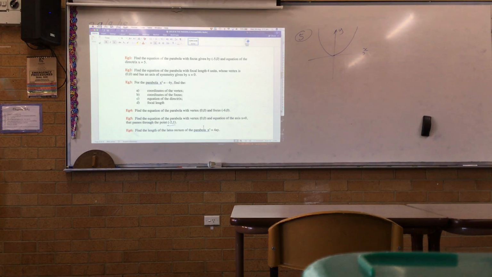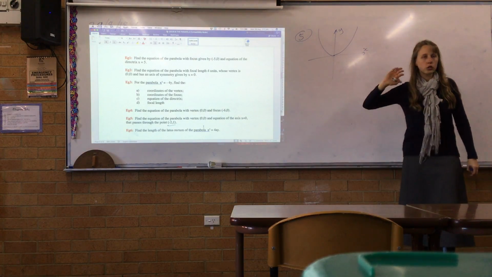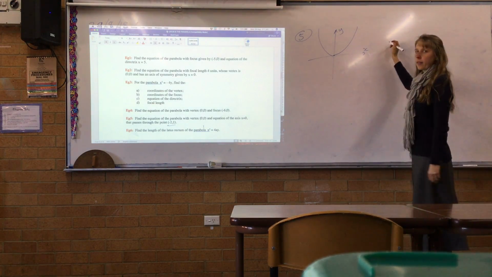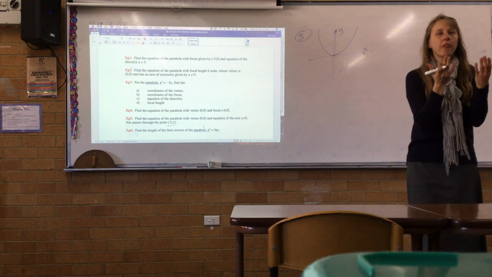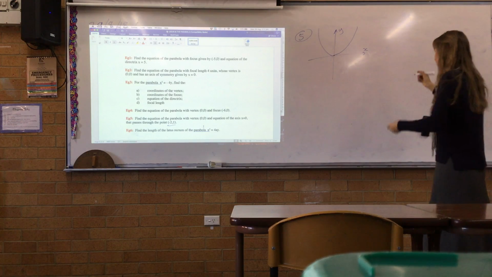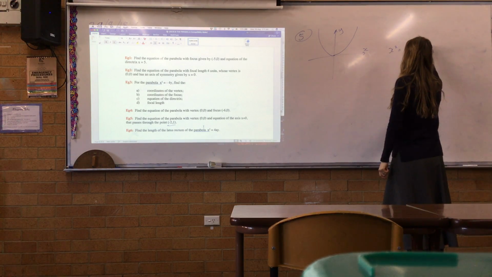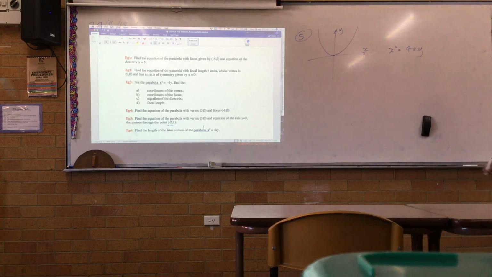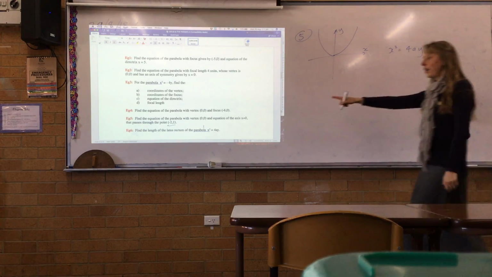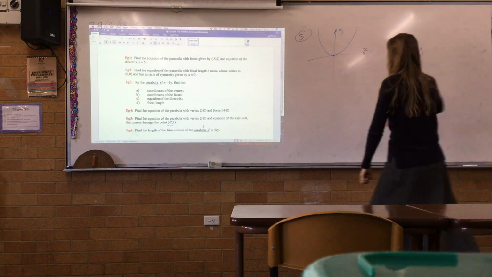That's all we know for now, but we do know what the form of this equation should look like. What should it be? Look back through your notes. Look at the 4 different types you have. What is it? X squared equals 4ay. So we know the form of it. Could we sub in the values? We know 2 values. Let's sub it in. We know it goes through that point.